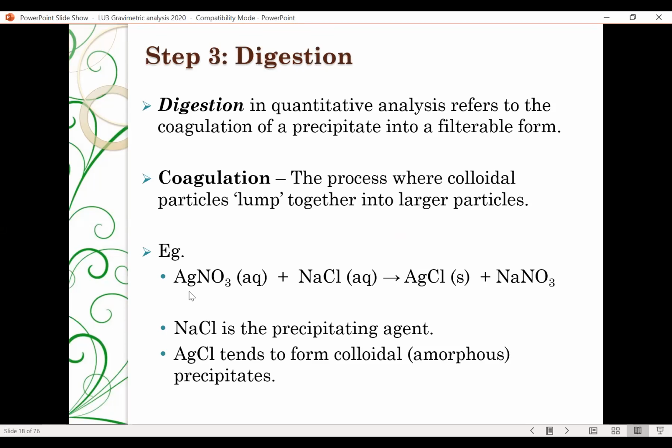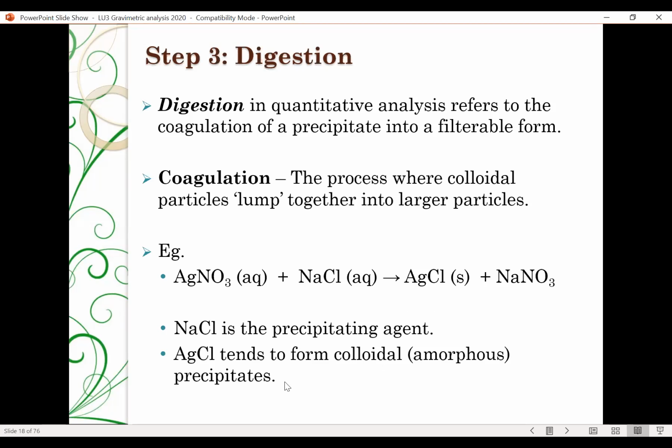Okay, so in this step of digestion, this is what we do. For example, we have silver nitrate solution. We add sodium chloride as the precipitating reagent to produce silver chloride solid as the precipitate. However, the silver chloride solid tends to form colloidal precipitates.